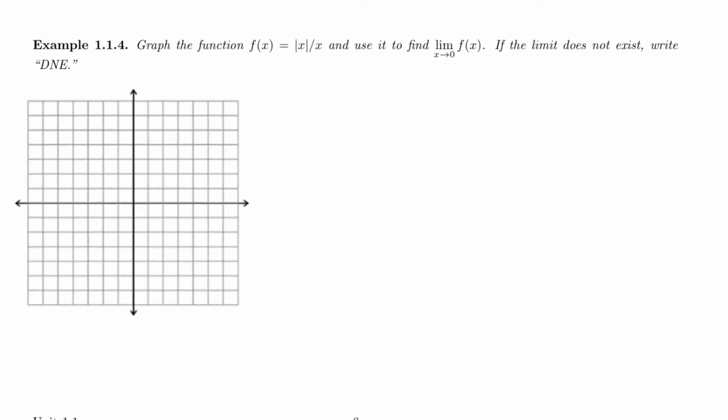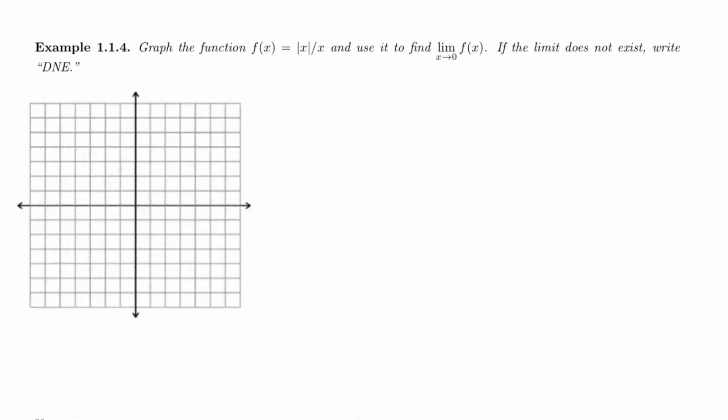Let me scroll down here. I'm just going to go ahead and draw this function. This is the function that we did on the other page, and I'll show you what it looks like. This is the function, the absolute value of x over x.